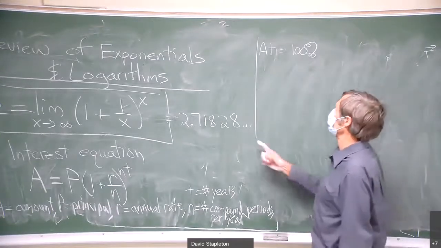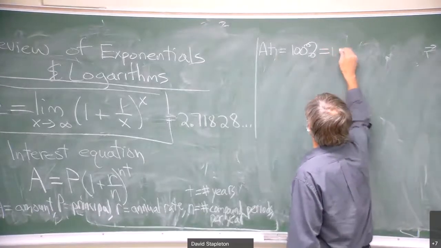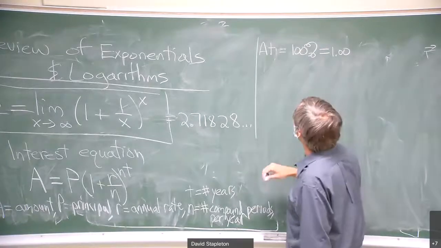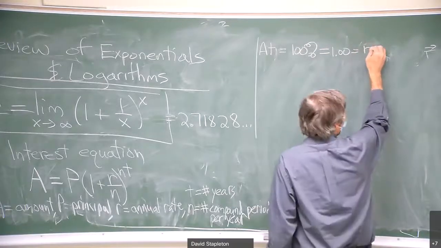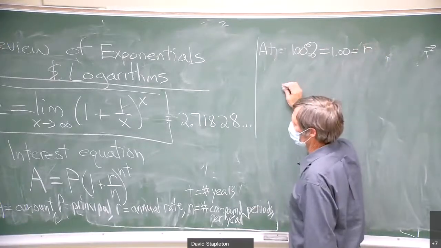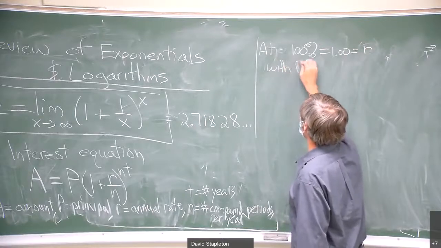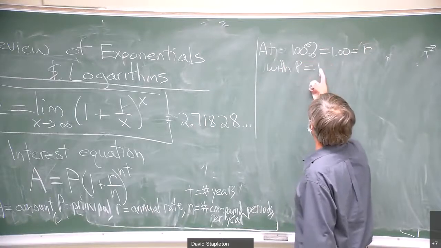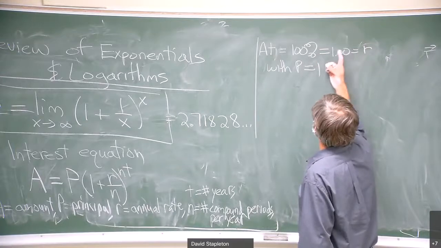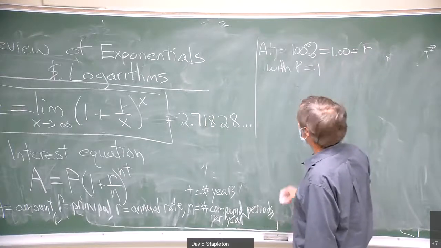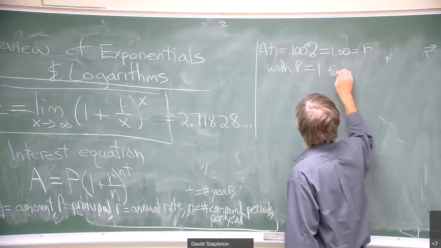And R is supposed to be in decimal form, so 100% is 1.00, R is 1. And suppose you invest $1, so everything's equal to 1. You invest $1 at 100% interest, R equals 1, for 1 year.